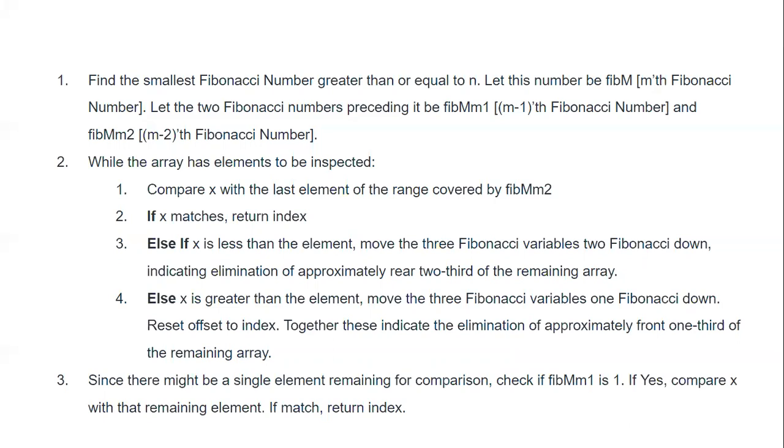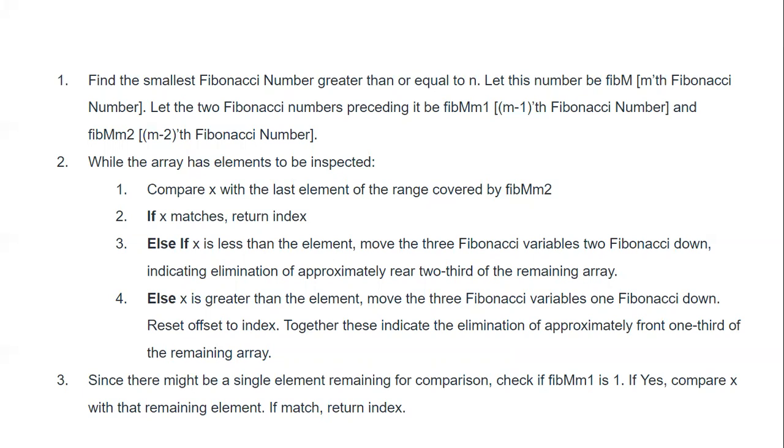Else, if x is less than the element, move the 3 Fibonacci variables 2 Fibonacci down, indicating elimination of approximately 2/3 of the remaining array. Else, if x is greater than the element, move the 3 Fibonacci variables 1 Fibonacci down, and reset the offset to the index.